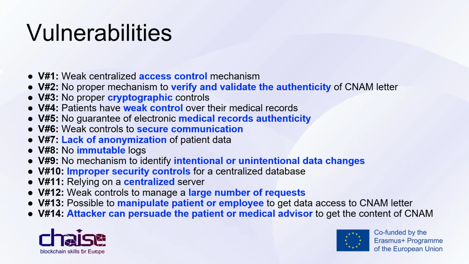For instance, vulnerability 1 is related to weak centralized access control mechanism. The system either doesn't have an access control mechanism, or it has a weak centralized one that is managed or controlled by a single designated authority, and it cannot prove the authenticity of those access controls.